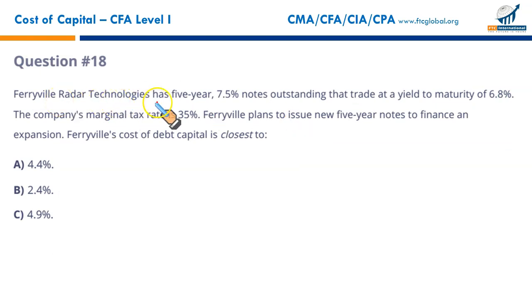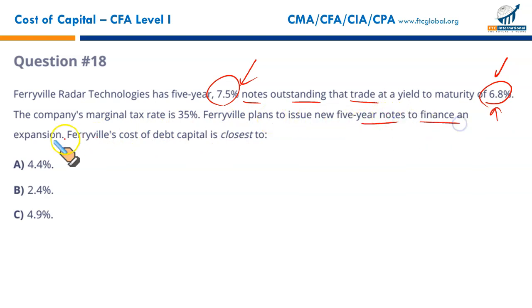Furwell Radar Technologies has 5 years, 7.5% notes outstanding that trade at a yield to maturity of 6.8%. When you have been given the coupon and yield for weighted average computations, you should consider the yield rate. The company's marginal tax rate is 35%. Furwell plans to issue new 5 year notes to finance an expansion.